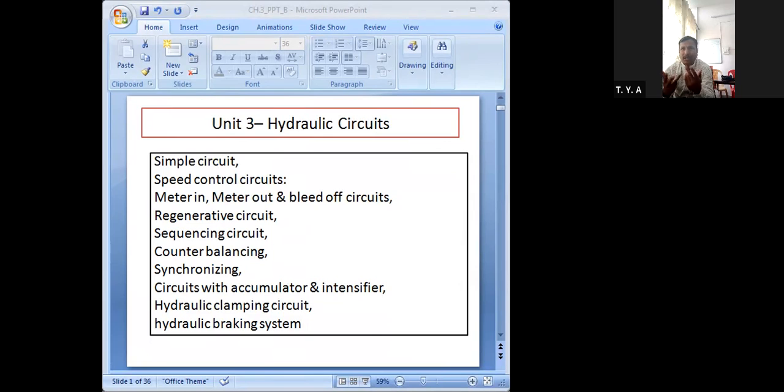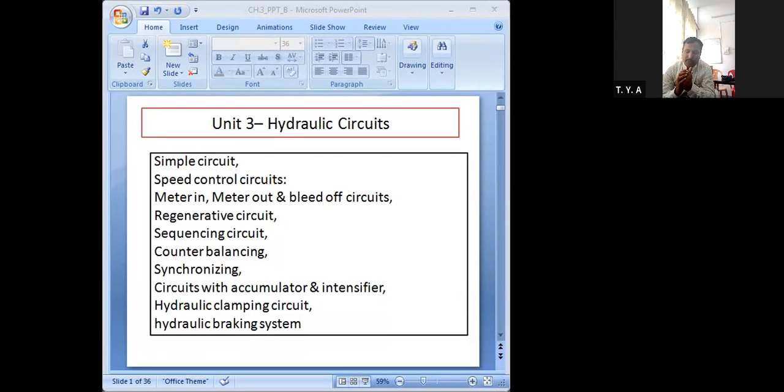Which circuits we will discuss is shown in this slide. As per the syllabus of unit number 3, we are going to discuss simple circuits, then speed control circuits, under which we will discuss the meter-in circuit, meter-out circuit, and bleed-off circuit.